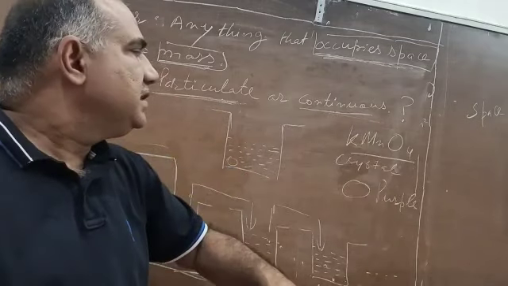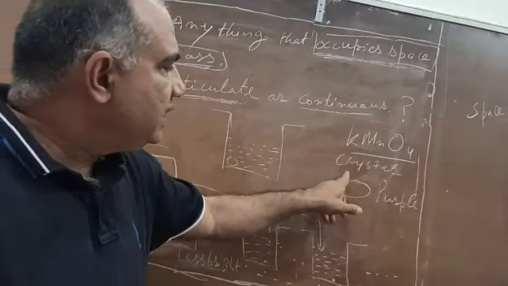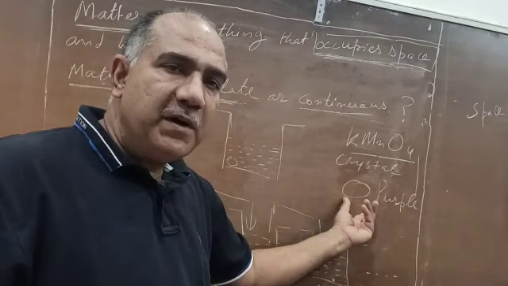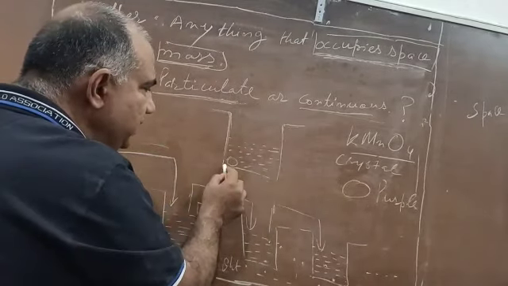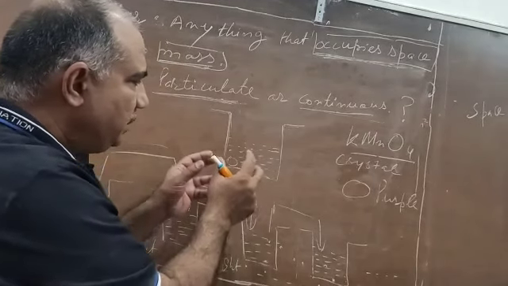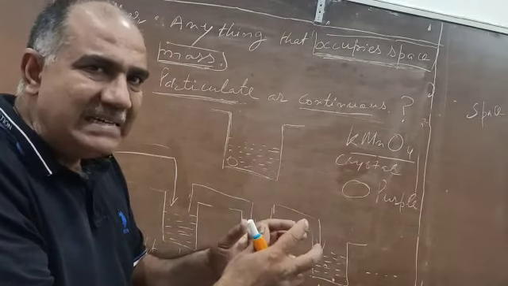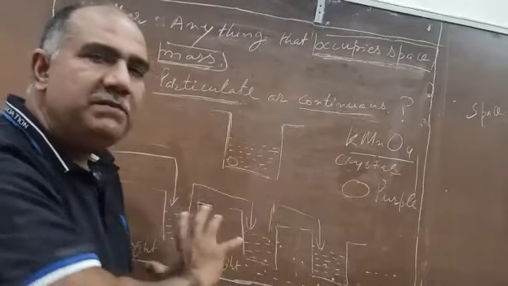To prove that matter is particulate, we take a crystal of potassium permanganate. Its color is purple. We put it into a beaker of water and leave it undisturbed for some time. After some time, you will see that particles from the crystal will disintegrate because it is kept in water, and the whole water in the beaker will become purple.